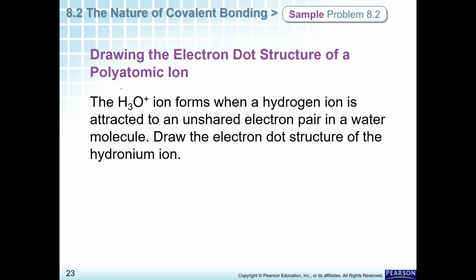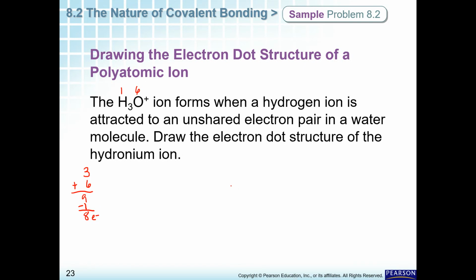Here, hydrogen has 1 valence electron, but there are 3 of them, so I am working with 3 electrons. Oxygen is in group 6, so it has 6 valence electrons. Then we have to take into account this plus sign. That plus means that I have lost an electron. So right now I'm starting with 9, but I have lost an electron, so I'm only allowed to draw 8 electrons when I draw this structure.